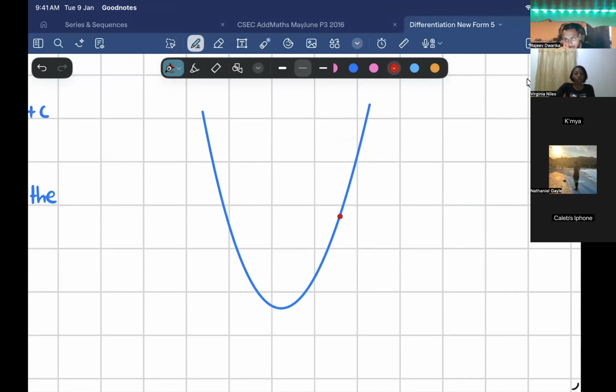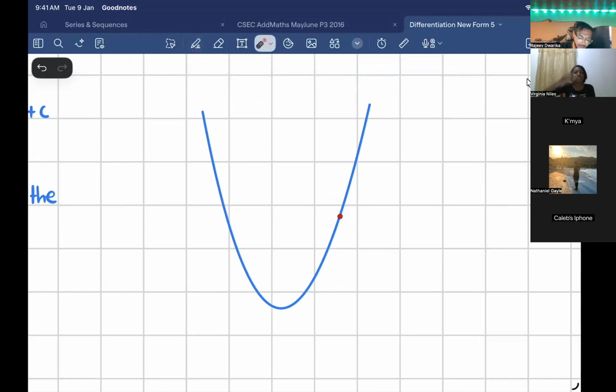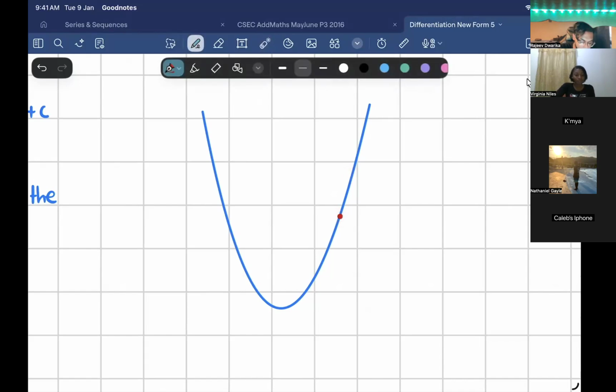Guys, if I ask you to find a gradient at this point, are you all going to take a second point and do something? No, sir. No, you can't do that. Like, let me explain. Wait, take a second. I need you all to visualize this. I need you all to see it.